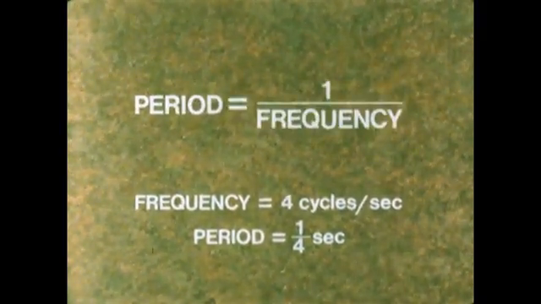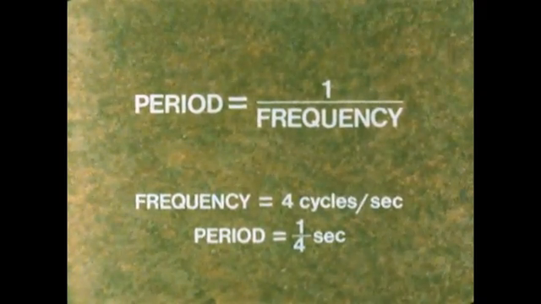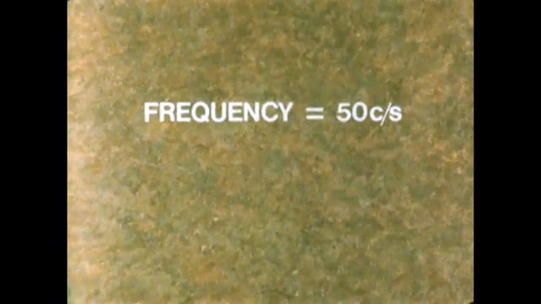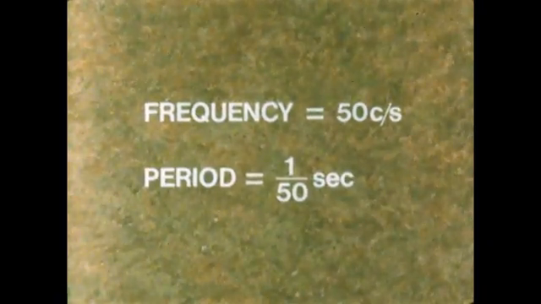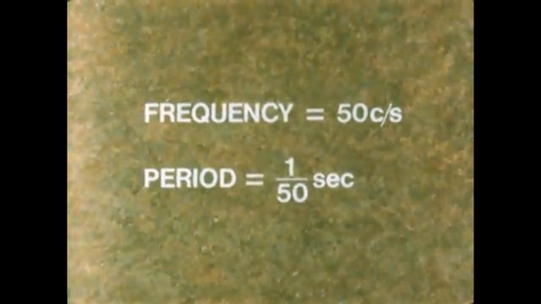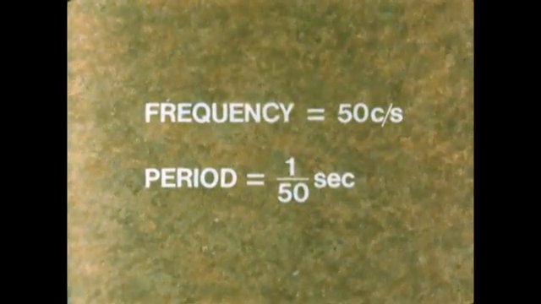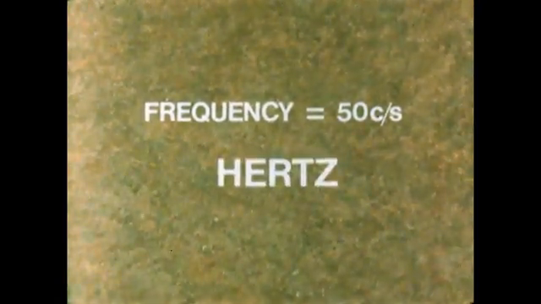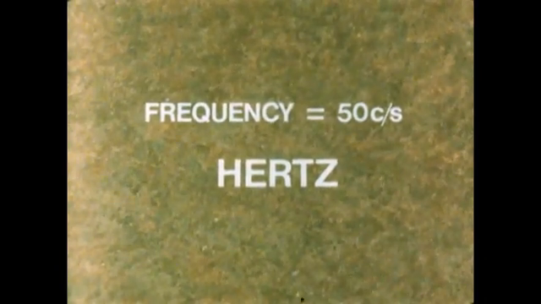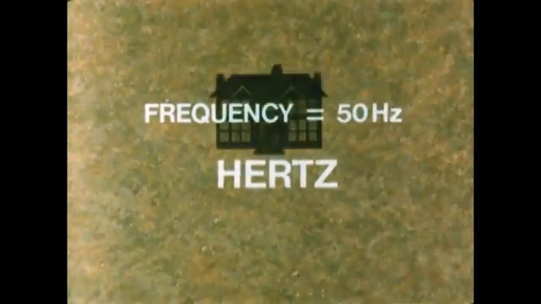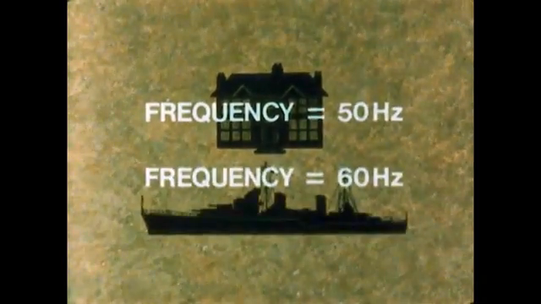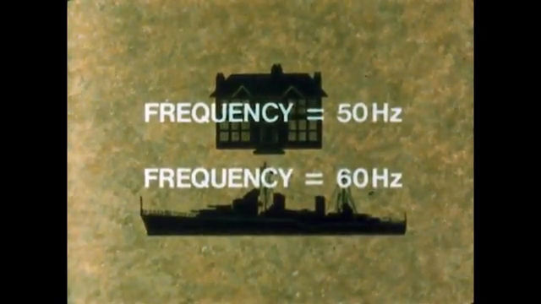Period equals 1 over frequency. The 50-cycle AC of the British National Grid has a period of 1/50th of a second. Incidentally, instead of saying cycles per second, we use the name hertz. In the United States, all electricity is generated at 60 hertz. The AC supply in a ship is usually 60 hertz, 60 cycles per second also.